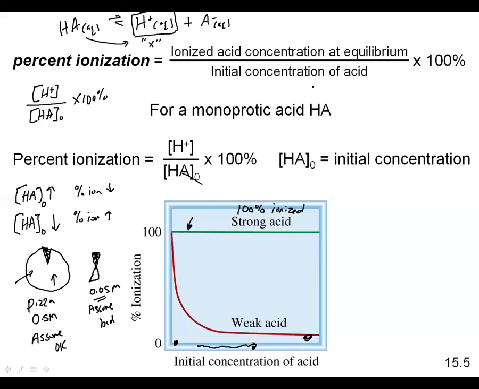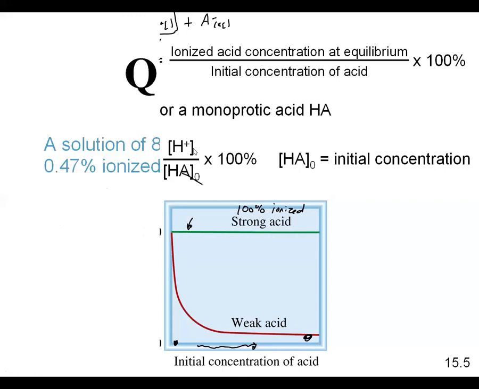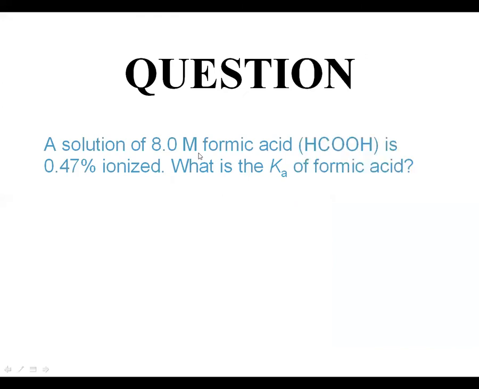So to see how this will play out, let's take a look at this example together and see what is going on here. We're looking at a solution that is 8 molar formic acid, and it is 0.47% ionized. In this case, we actually want to calculate the Ka value.